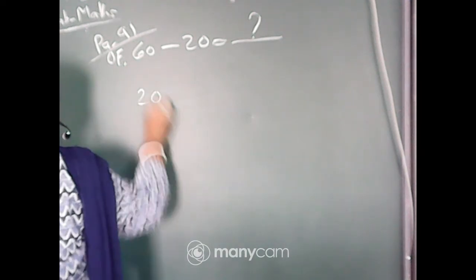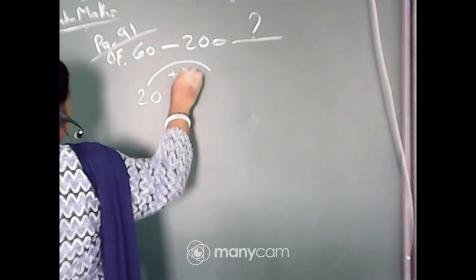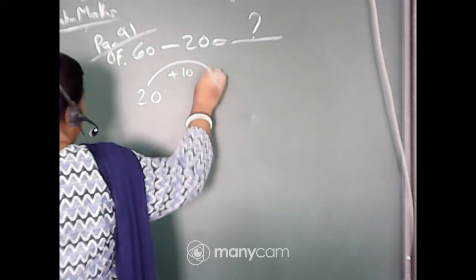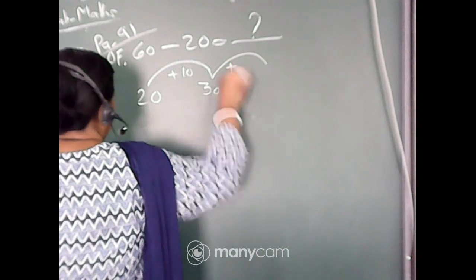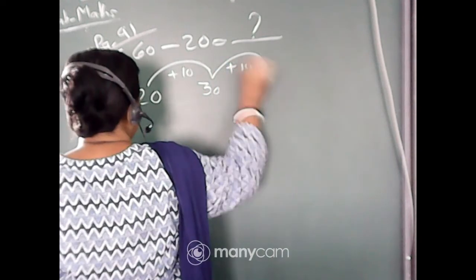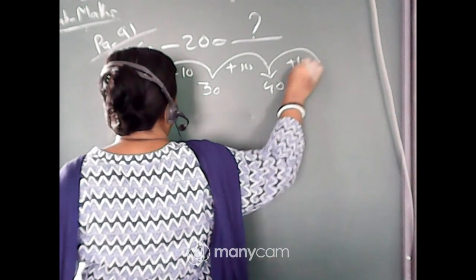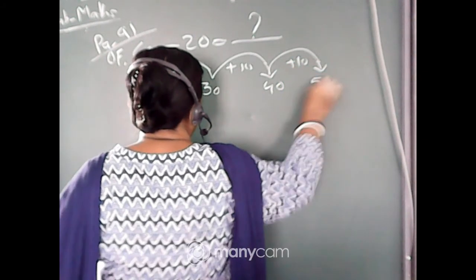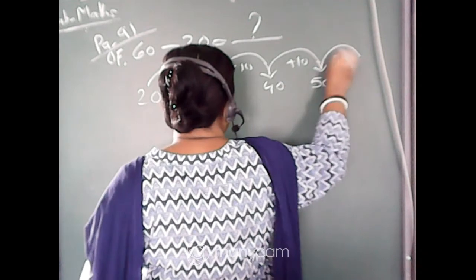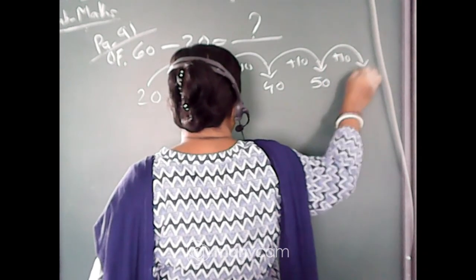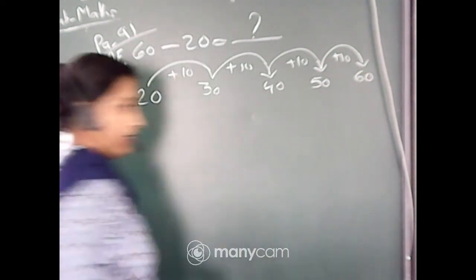First of all, you have started from 20 plus 10 is 30, isn't it? Then 30 plus 10, 40. Next, 40 plus 10, 50. Next, 50 plus 10 is 60, isn't it?